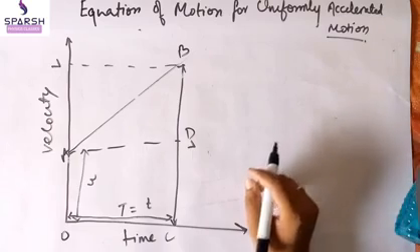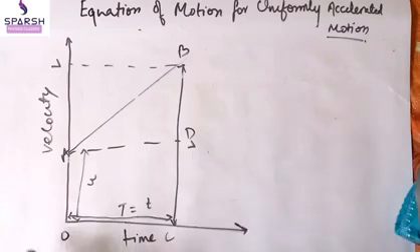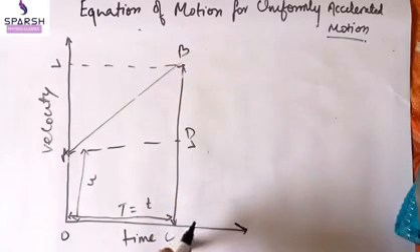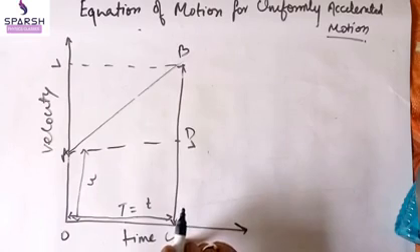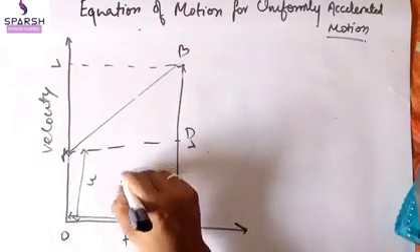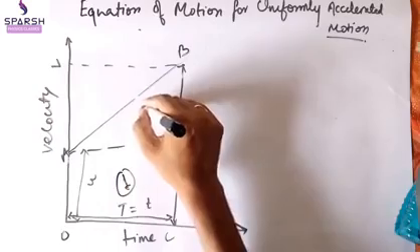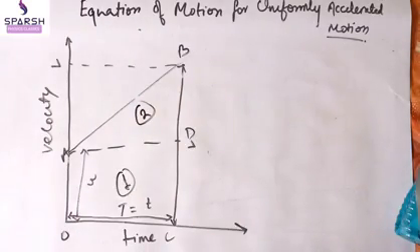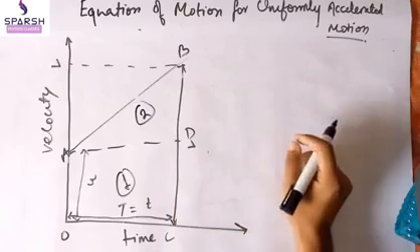In order to find the area, we see here a trapezium OABC. We have to find the area of this trapezium, and this trapezium consists of two parts: a rectangle, figure 1, and a triangle, figure 2.